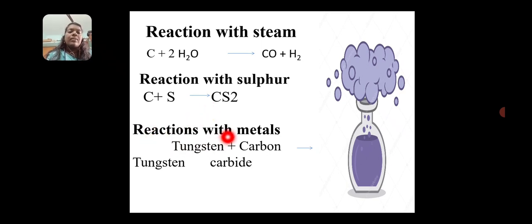Other reactions are with metals: when tungsten reacts with carbon, it provides tungsten carbide. Other metals like tungsten and titanium react to form these carbides. Carbides means, for example, tungsten carbide. So these are some of the chemical properties of carbon.